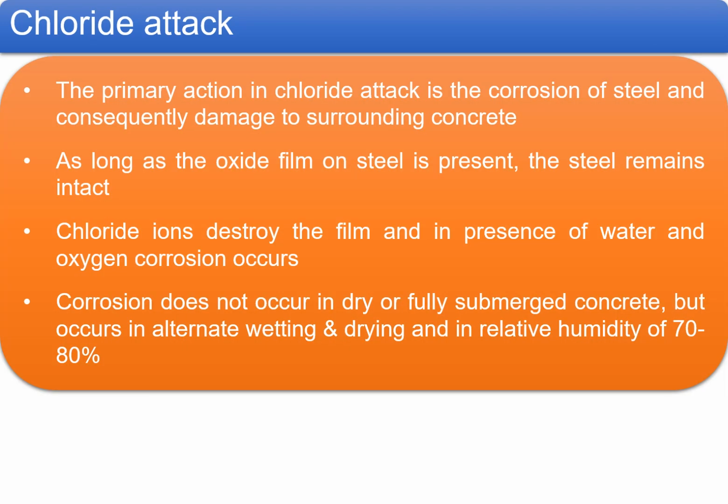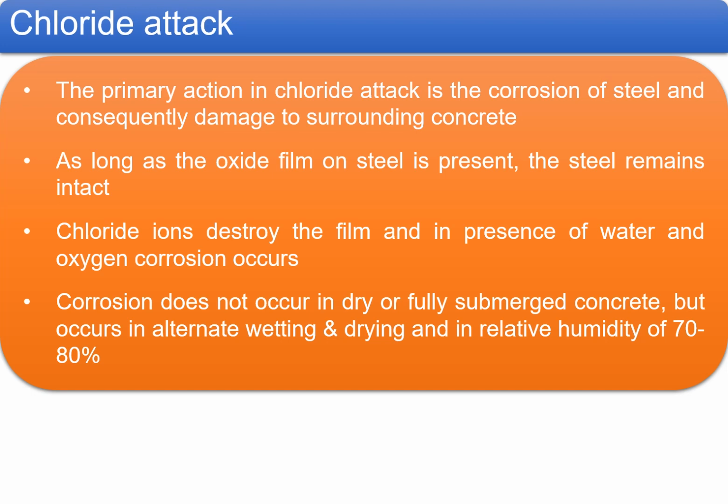Corrosion does not occur in dry or fully submerged concrete, but occurs in alternate wetting and drying and in a relative humidity of 70 to 80%. That means in order for corrosion to be effective in steel, you need two things: oxygen, that is air, and water. So only in the presence of water and oxygen does corrosion occur.